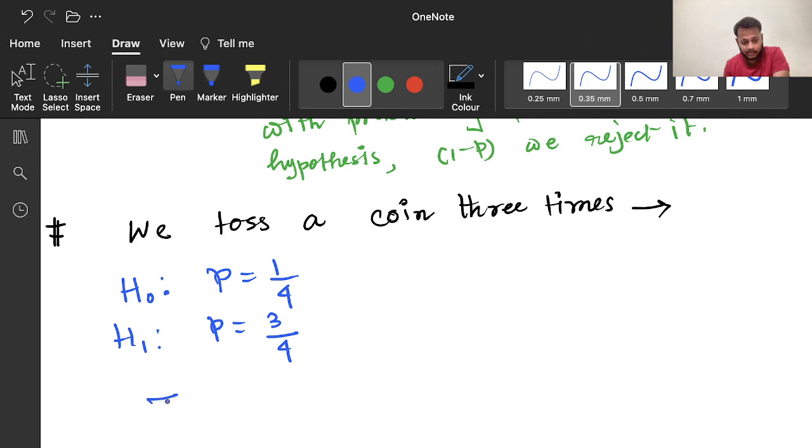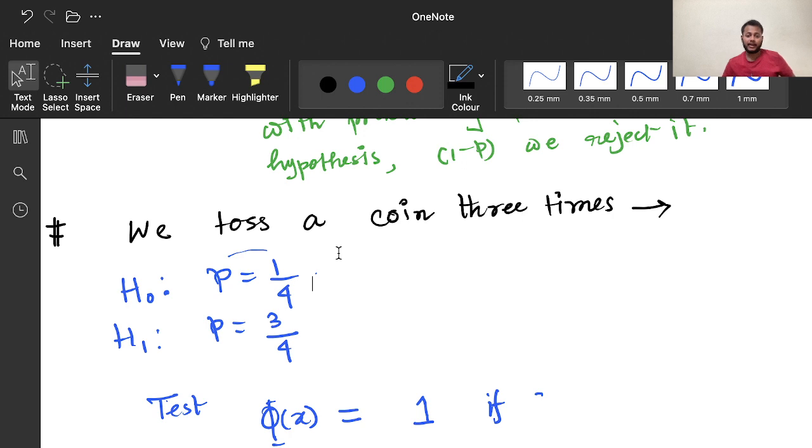Our test is, so phi x, we will reject the null hypothesis with probability 1 if... If the probability is 1/4, the chance of the outcome being head is very less.